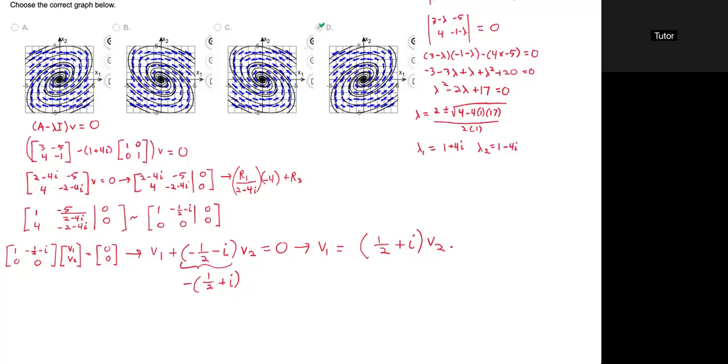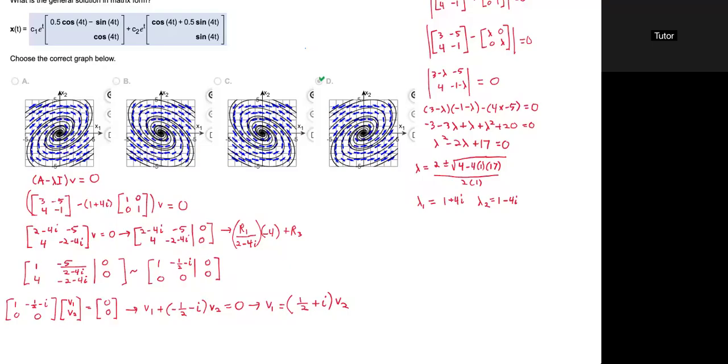So this simply means that the vector v, which is expressed as v1, v2, is equal to, and we can pick any value for v1 and v2, 1, 2, 3, or any decimal, 0.5, 0.333, even pi.